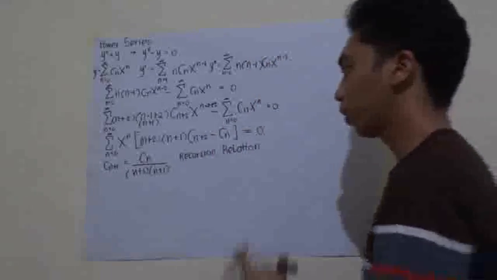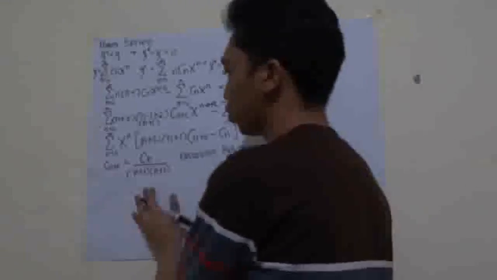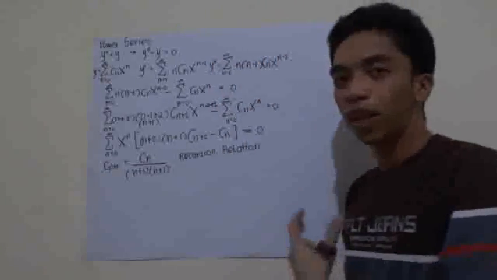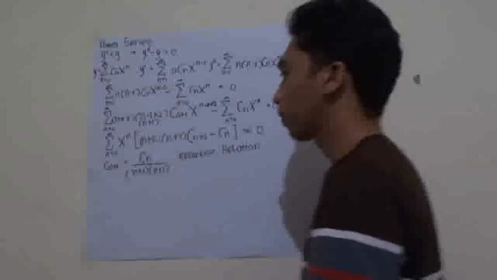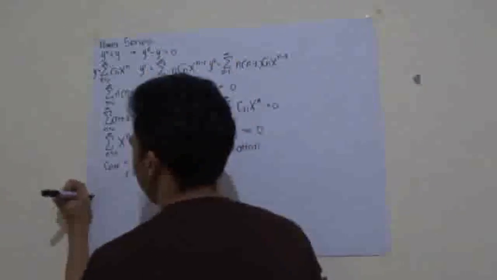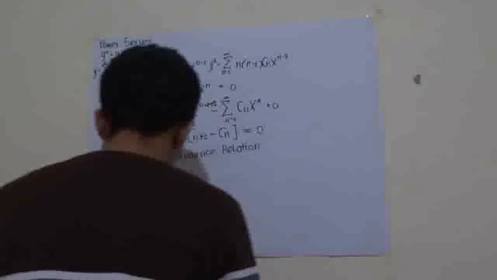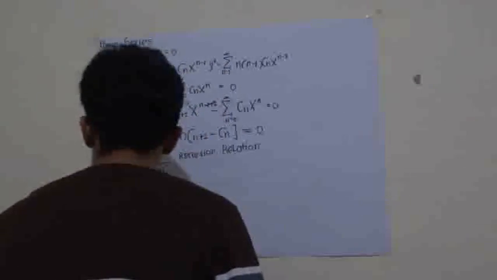And after having our recursion relation, we'll now substitute values of n in order for us to get patterns or series. So we have n is equal to 0.